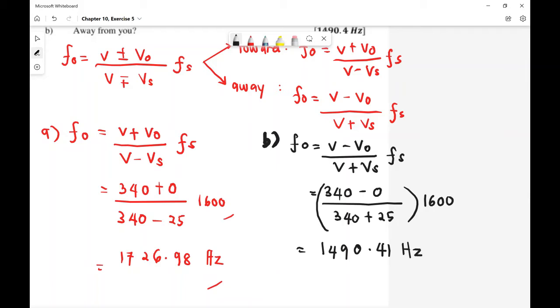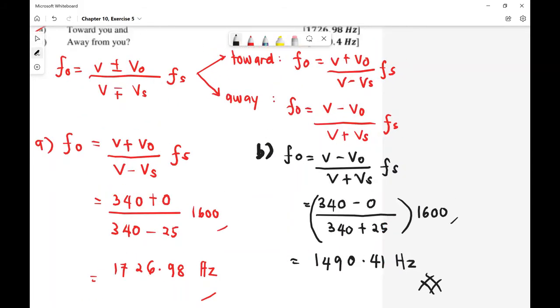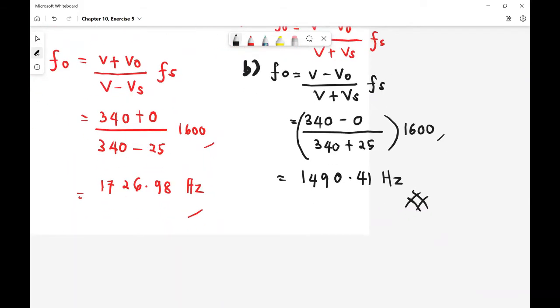So frequency heard by the observer when the source moving away is less than the real frequency, 1600 Hz. So kita dah jawab soalan B, untuk move away.